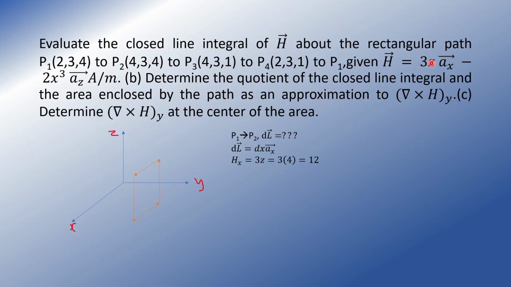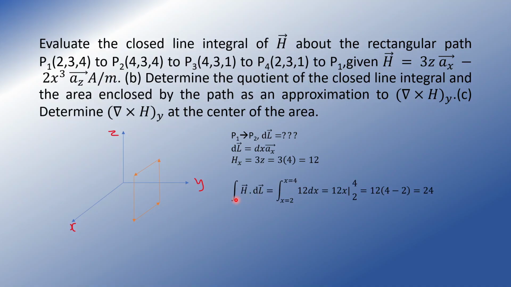Where are we finding this Hx component? It is on this line. On this line, y and z values are the same, only the x value is changing. So at P1 and at P2, the z value is 4. We substitute the value 4, and Hx will be 12 in the given form.